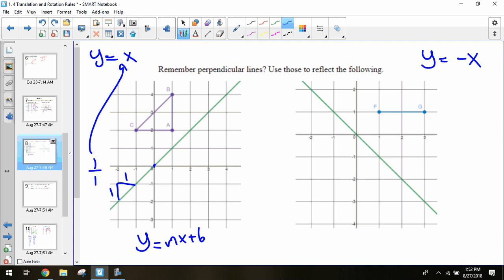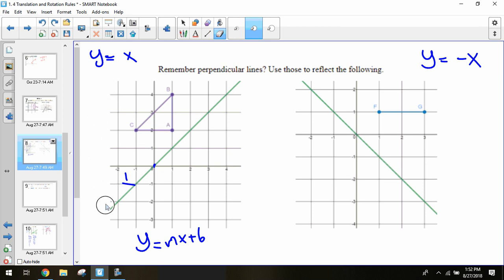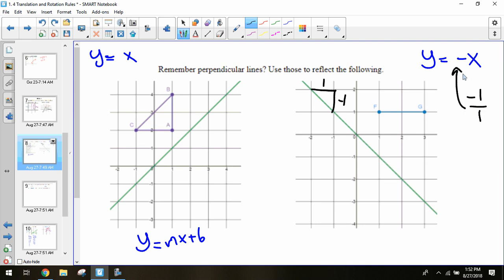But because I don't need that plus 0, it's not changing anything, I don't need to write it. So this is line y equals x. Similarly, I can do the same thing. I can look, and this is down 1, over 1, negative 1 over 1. And that gives me that negative 1 over 1 is that negative I see in front of that.